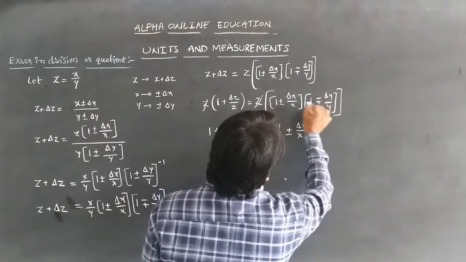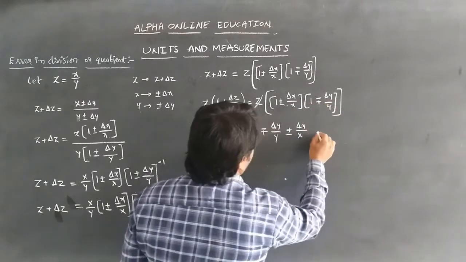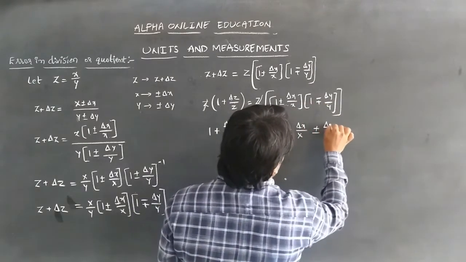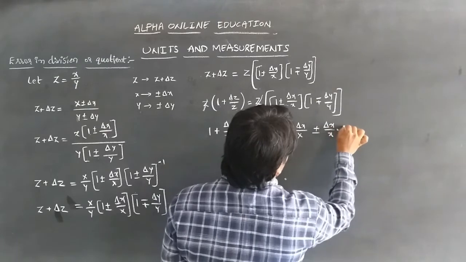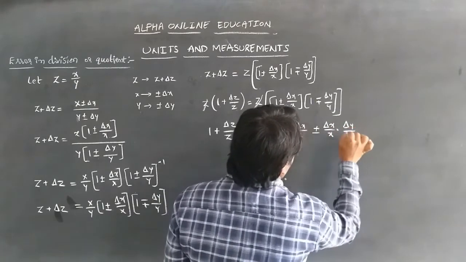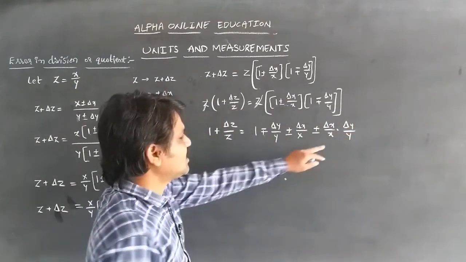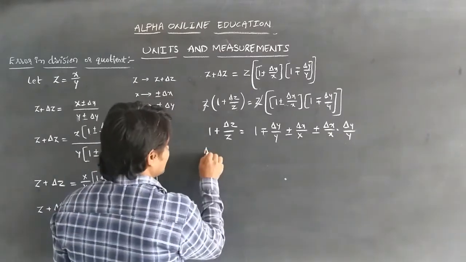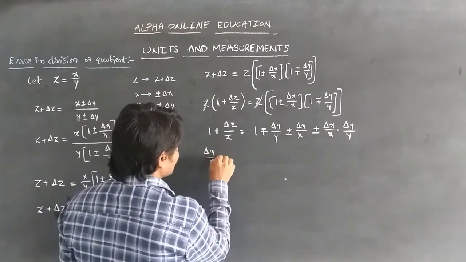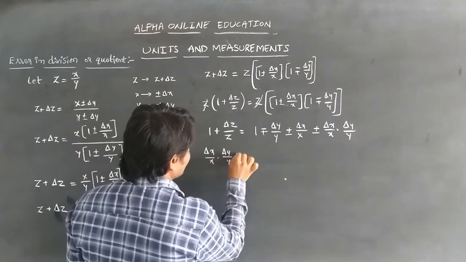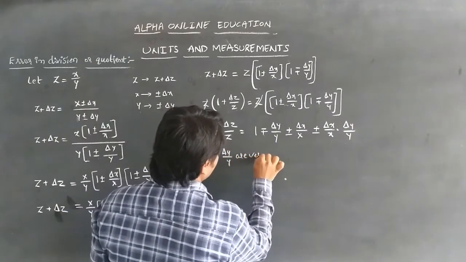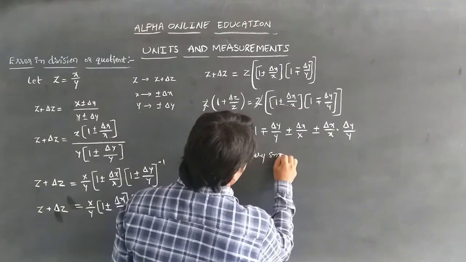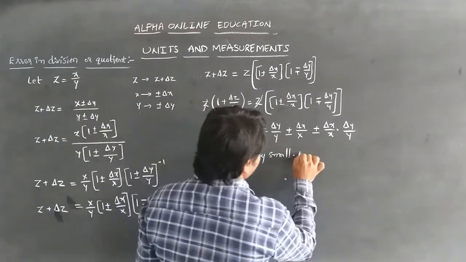Here, this can be written as plus or minus delta x by x into delta y by y. But we know that the two terms, delta x by x and delta y by y, are very small. We can neglect it.